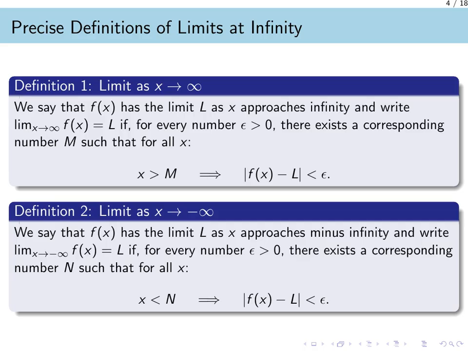The definition for a limit at negative infinity is nearly identical, except we must find a number N such that for any x less than N, the function remains within that same epsilon tolerance of L.